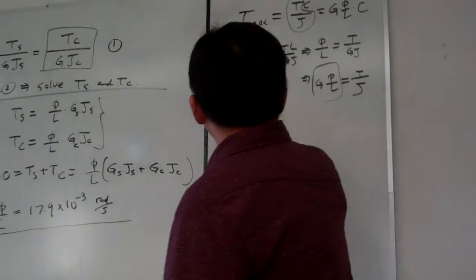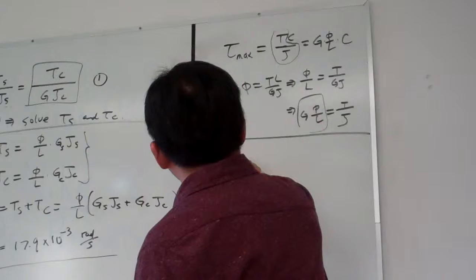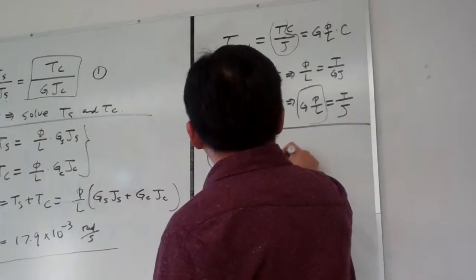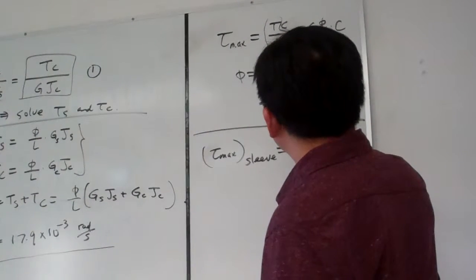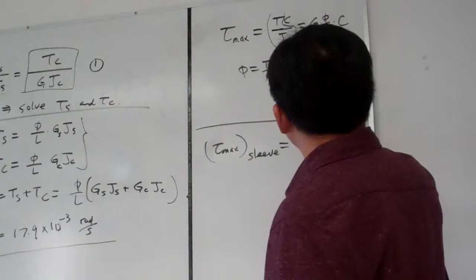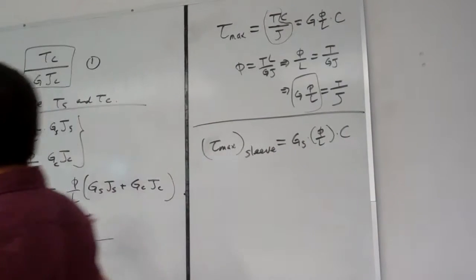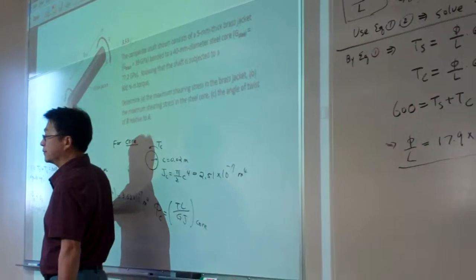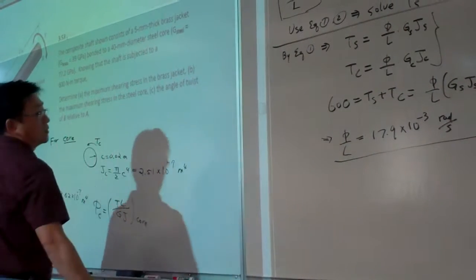Okay, so therefore, using these equations here, the tau maximum in the sleeve will be equal to this one, G times phi over L times C. This is a sleeve, so the maximum will be at the outer, so we take the CO, the outermost radius.